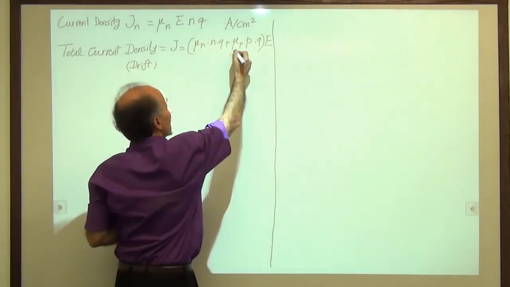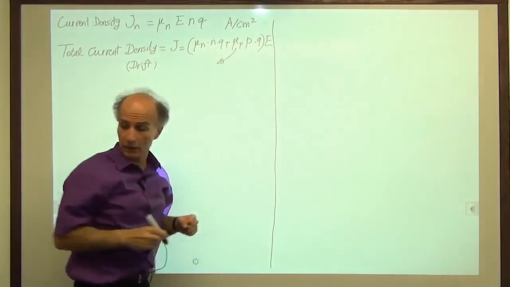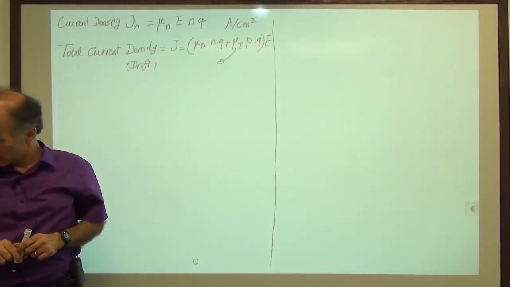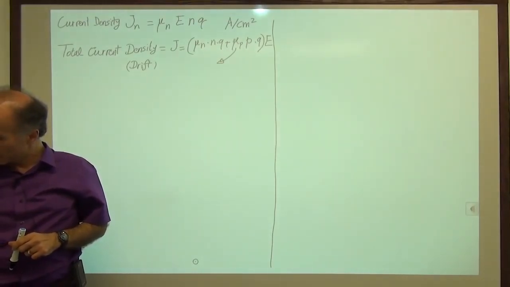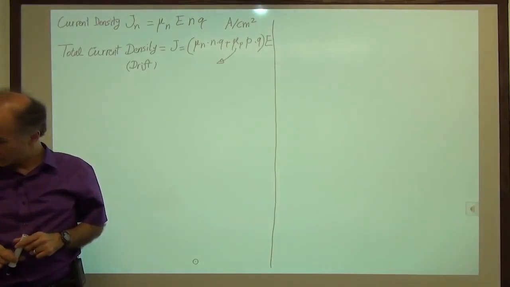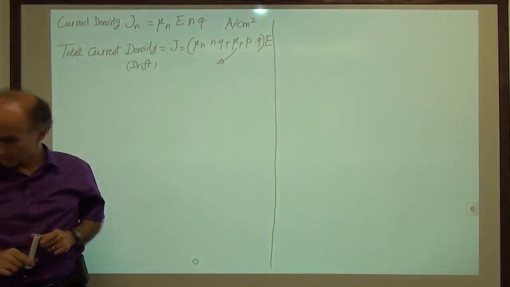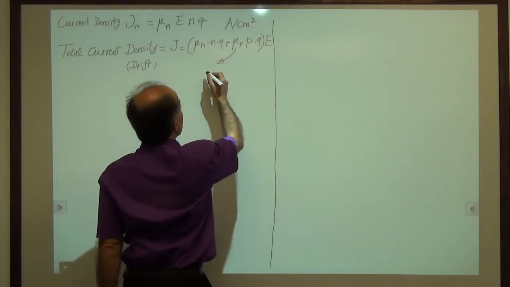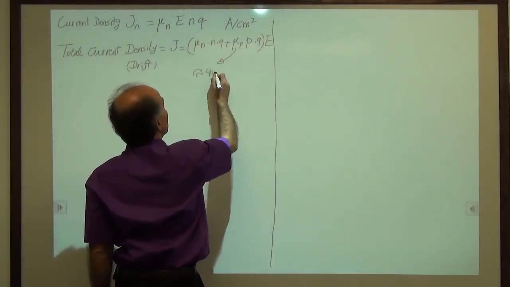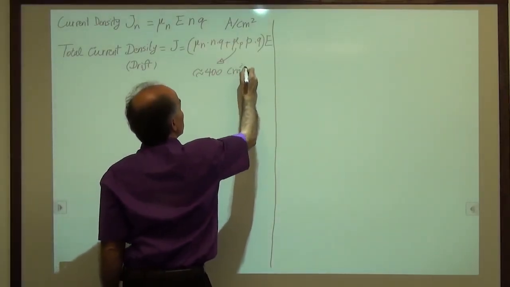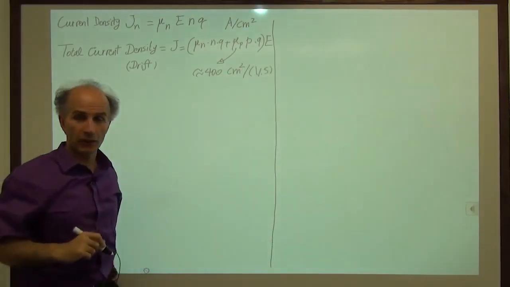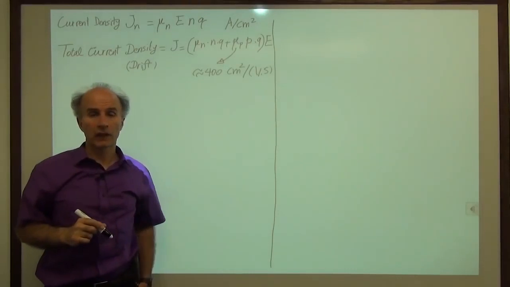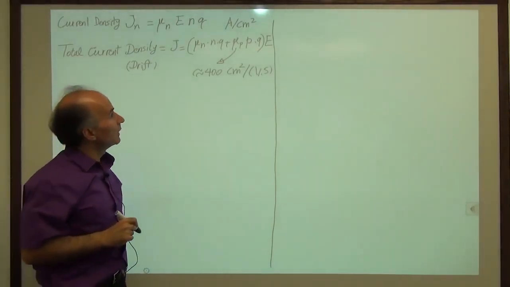By the way, the mobility of holes, I think, is 300 or maybe 400. I think it's about 400 centimeters squared per volt second. I don't quite remember, but something in that range. So it's quite lower than the mobility of electrons.